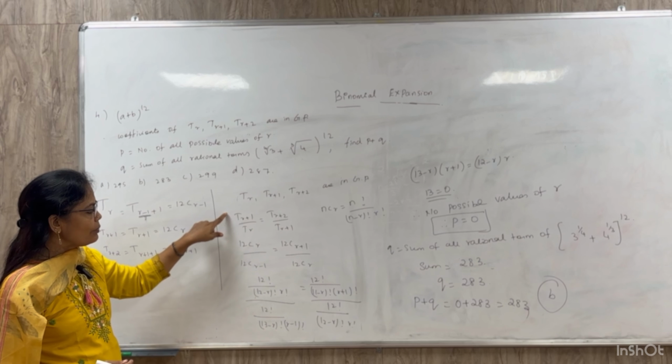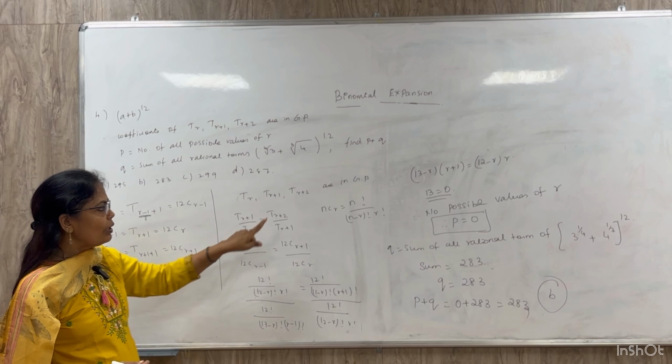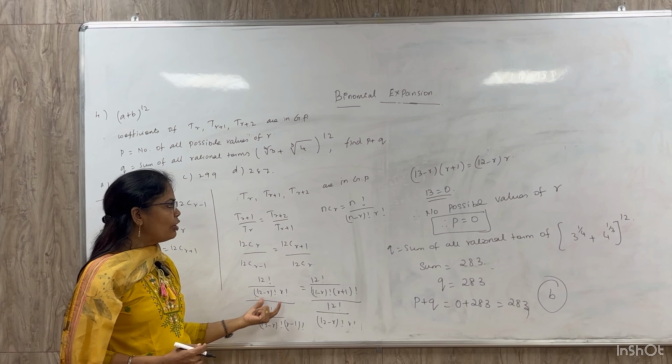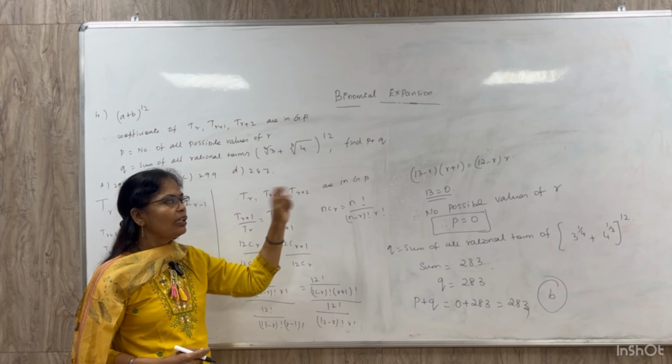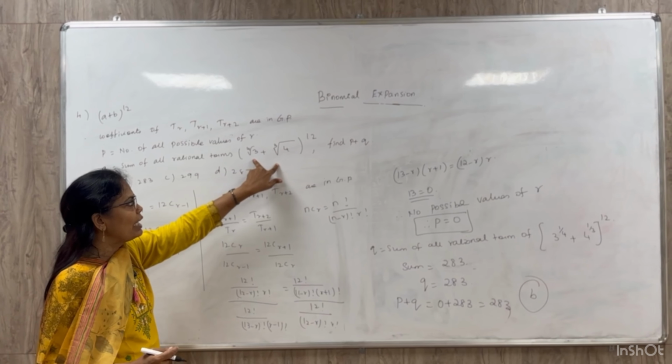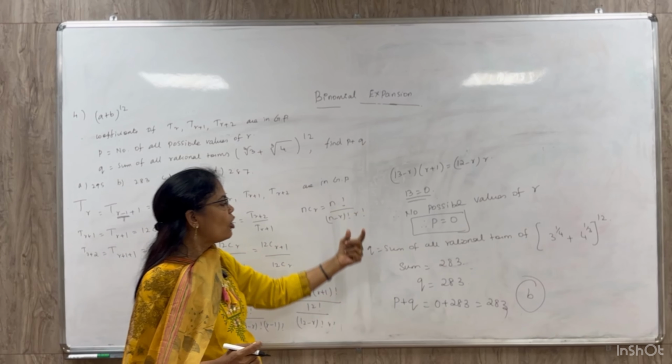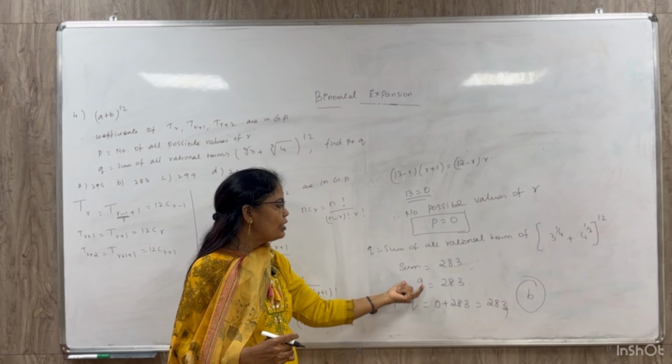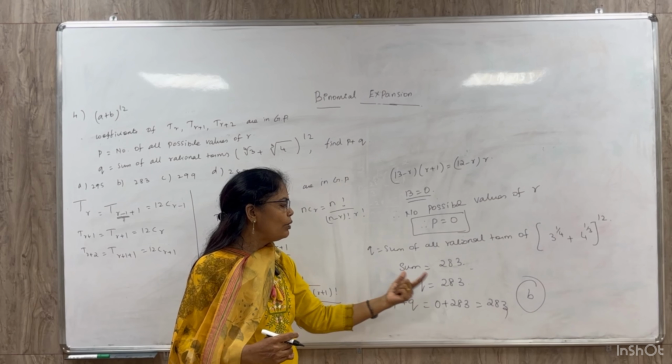I applied the concept of GP and simplified using the combination formula. We are not getting r, because r itself is getting cancelled, so no possible values of r. This is P. Then next, the expansion is given, a direct expansion, and gather all the rational term values. It is 283. So P plus Q will be 283.